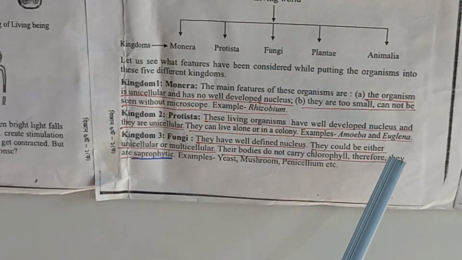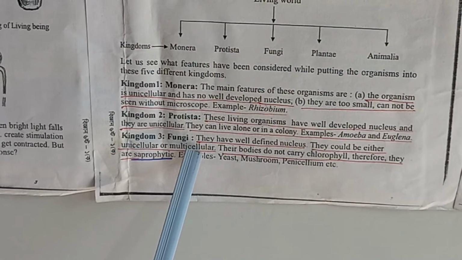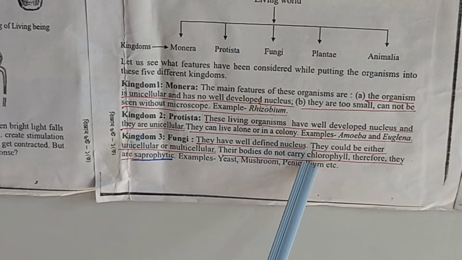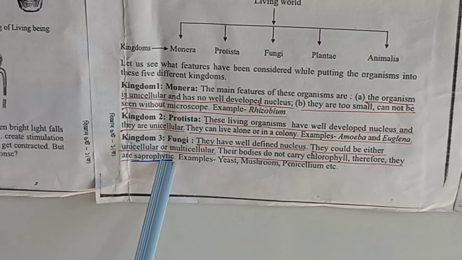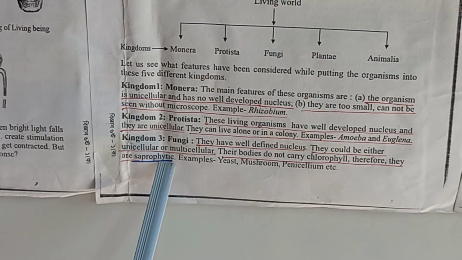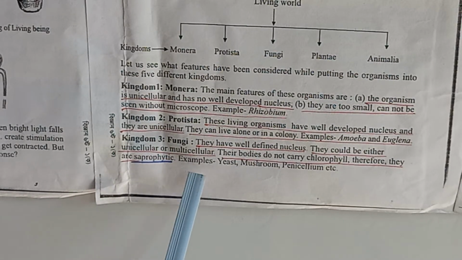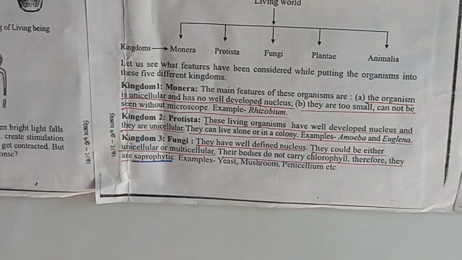They could be either unicellular or multicellular. Multicellular means more than one cell. Their bodies do not carry chlorophyll, therefore they are saprophytic. Saprophytic means they depend on other organisms for their food. Example yeast, mushroom, penicillium, etc.